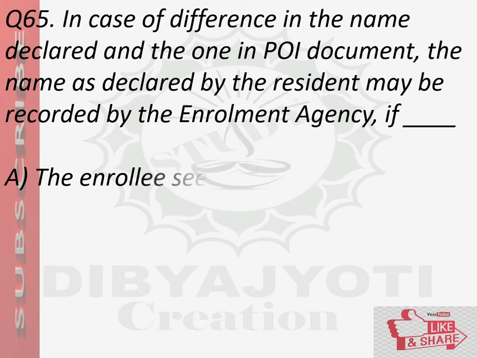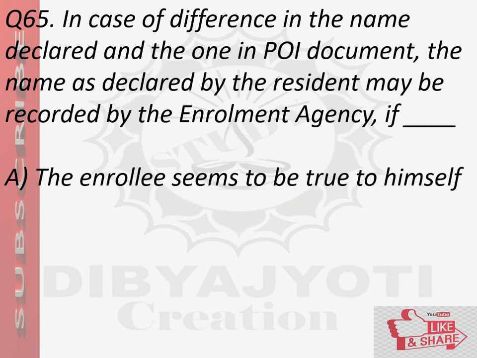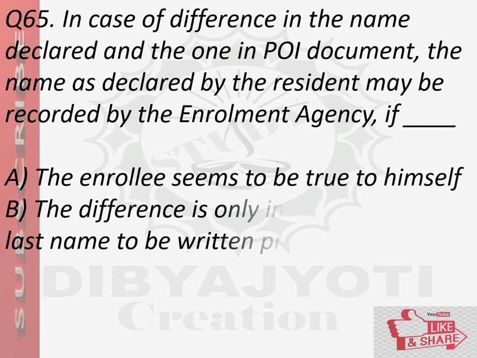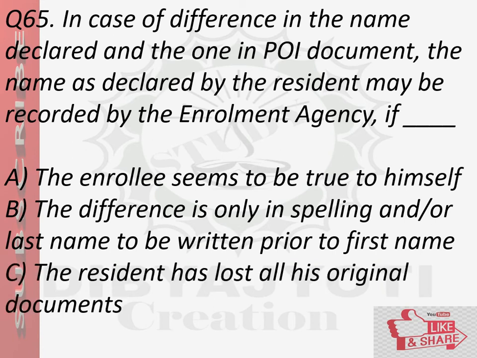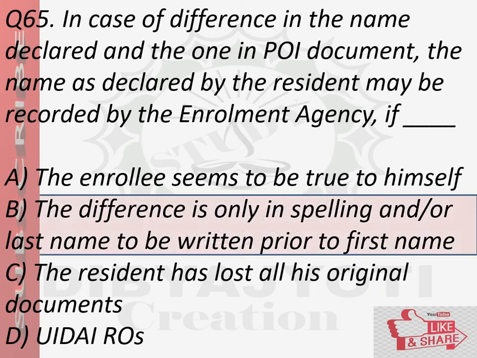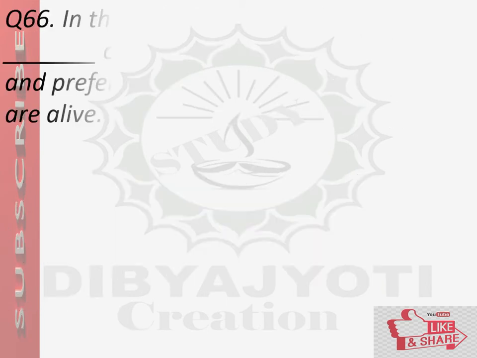Options are: option A, the enrollee seems to be true to himself; option B, the difference is only in spelling and or last name written prior to first name; option C, the resident has lost all his original documents; option D, UIDAI ROS. And answer is option B, the difference is only in spelling and or last name written prior to first name.